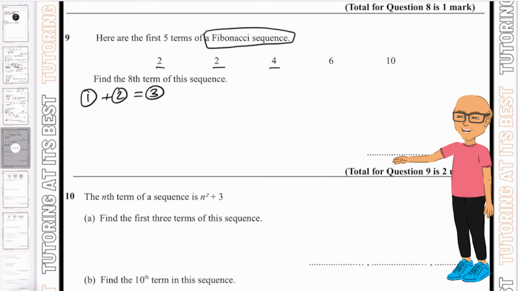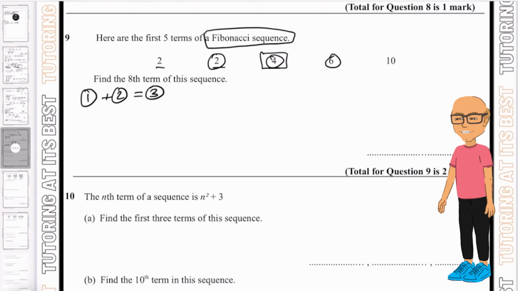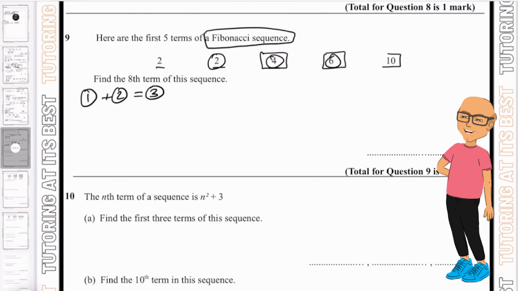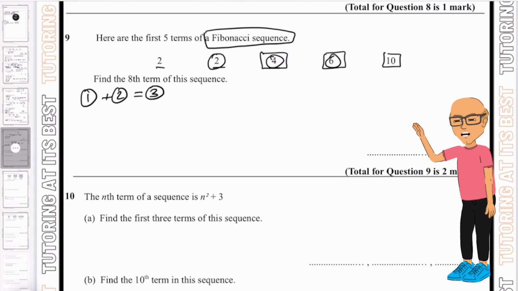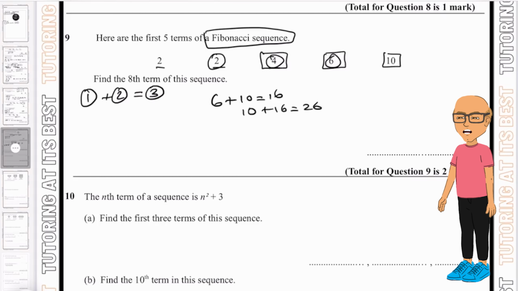And now we've got that, we have a new pair, which is going to be 2 and 4, which gives us 8. But then we can go for 4 and 6, which then gives us 10. And we're going to repeat it just as we did before. So now we're going to go with 6 and 10, which gives us 16. We'll then go with 10 plus 16, which is 26.